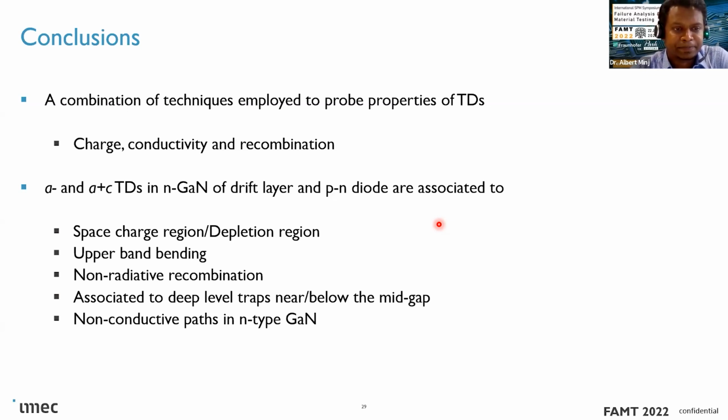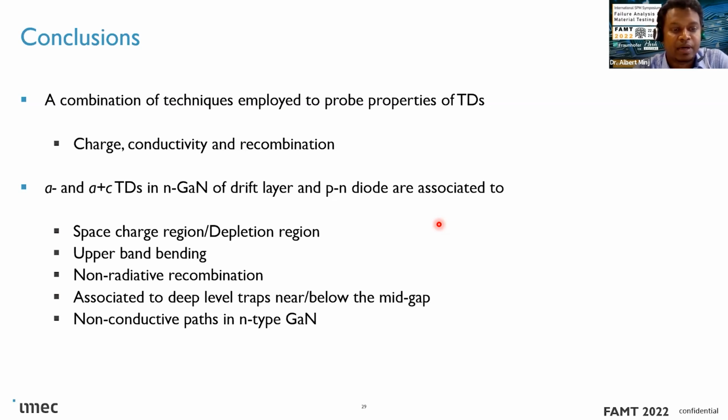So first, both A and A plus C type threading dislocations in the drift layer of the PN diodes are associated with the space charge region or depletion region. We confirmed with the surface potential mapping that there is an upward band bending going on. With the cathodoluminescence, we could see that they act as non-radiative recombination centers, which points towards their mid-gap or deep acceptor levels.